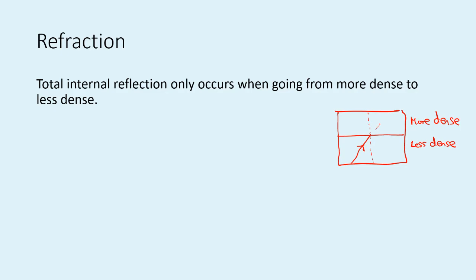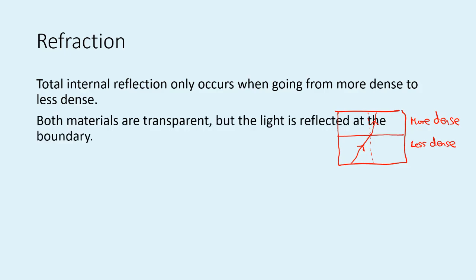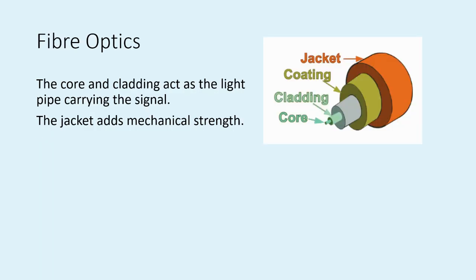So if that was the line that it wants to carry on, it will bend towards the normal, so away from the boundary. So you can't get total internal reflection unless you're going from more to less dense. Both materials are transparent in this case because we're looking at fiber optics, but the light is totally internally reflected at the boundary. And this is how fiber optics work.